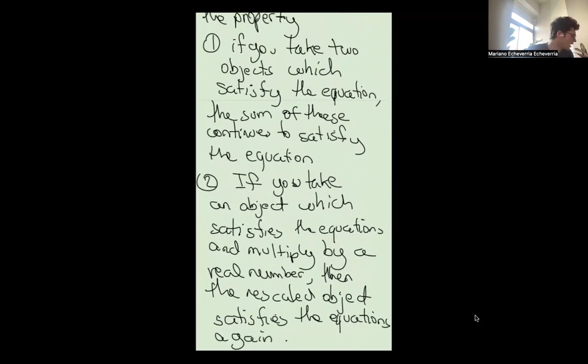It looks a little bit odd the way I'm writing it, but next time we'll start from here and give you some examples of what I mean.